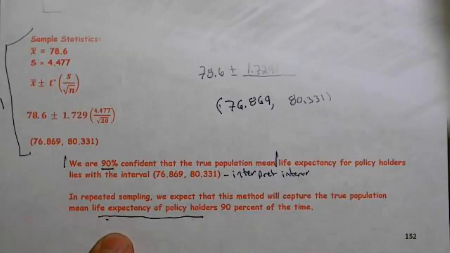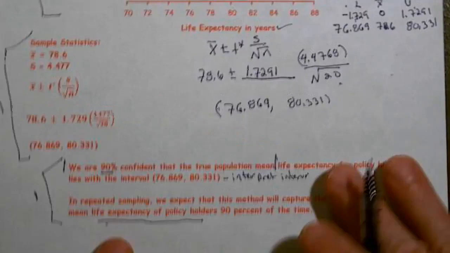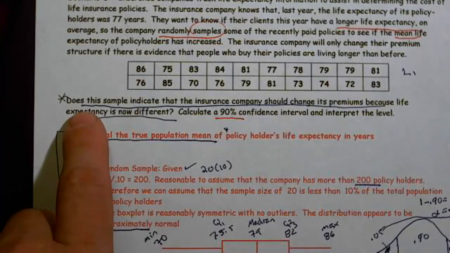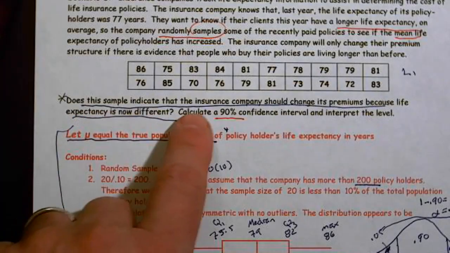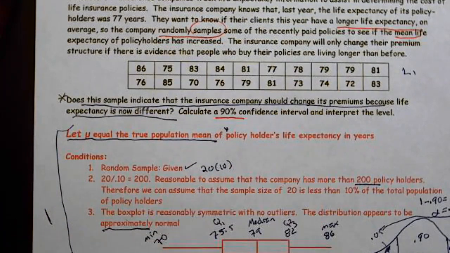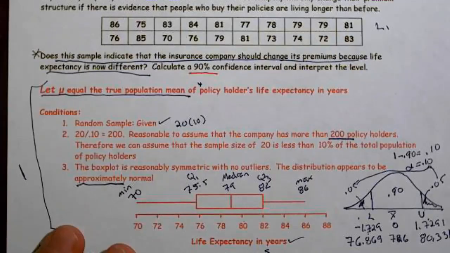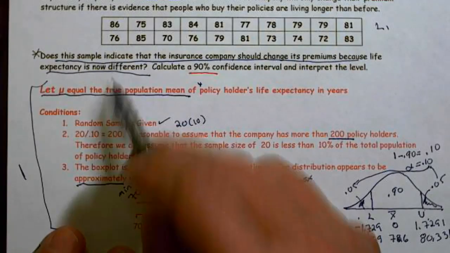Now, one thing I have to say is this is worth one other point. But there's one thing that I have not done. It says, does this sample indicate that the insurance company should charge its premiums? I still haven't answered that question. Well, they want to know whether or not it's changed. Is it now different?